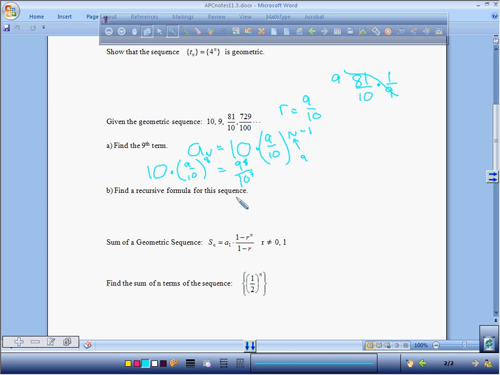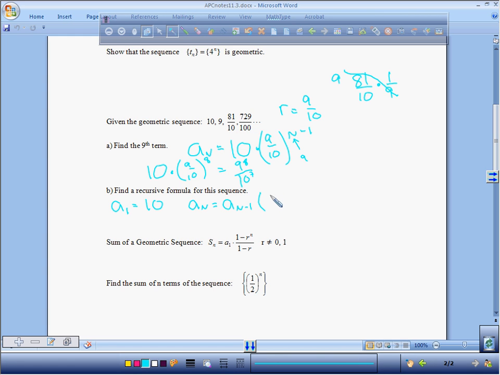Find a recursive formula for this sequence. So for a recursive formula, you start with the first term, a sub 1, which is just 10, and a sub n is equal to the previous term, a sub n minus 1, times something.